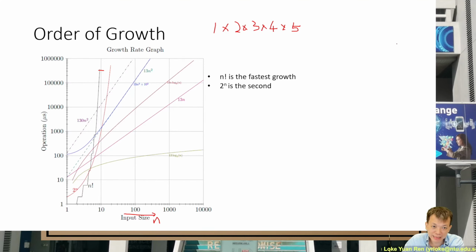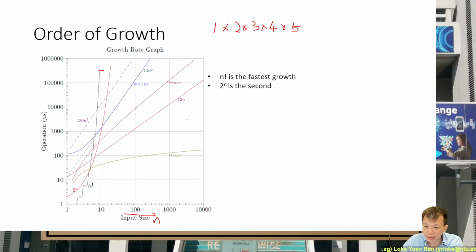Then the next one is the exponential function, 2 to the power of n. It also grows quite fast. Initially it's lower, when n is less than 4. Basically these two algorithms are the faster ones. But after n increases beyond 4, 10, 100, 1000, the time complexity of these two algorithms is actually quite scary. The computational time is a very scary number.